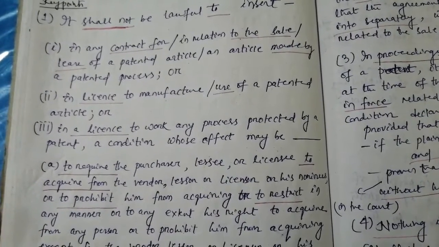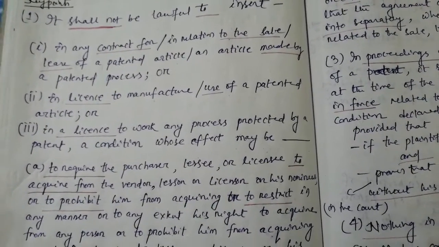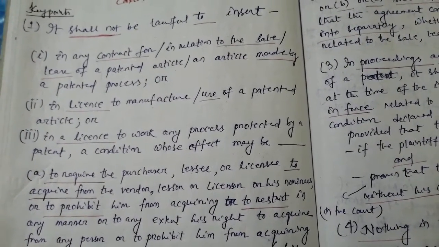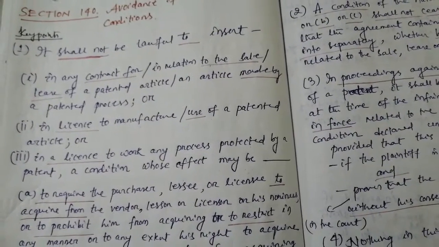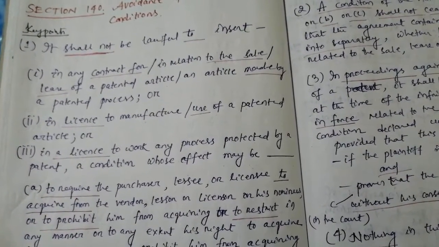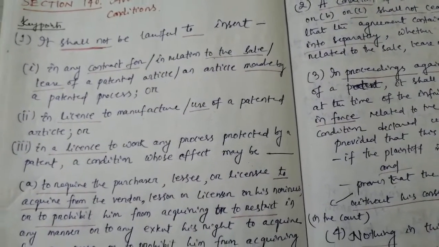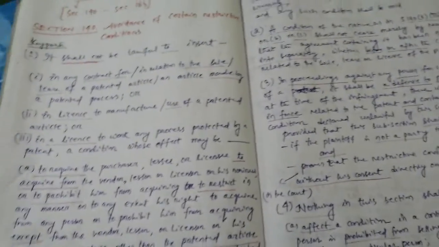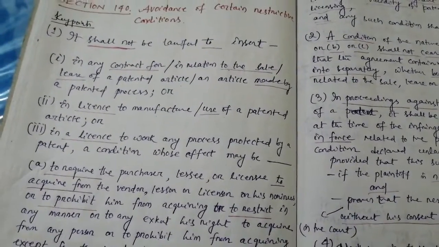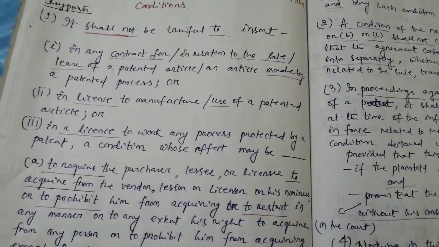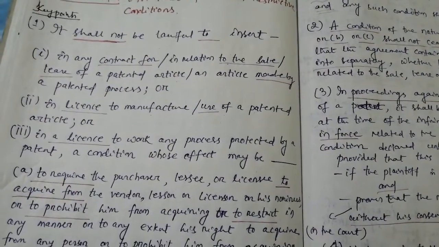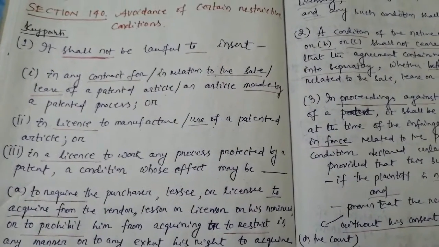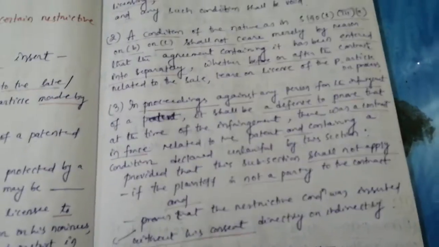But here within these subclauses A, B, C, D are written. Normally, inside the subsections some clauses are there, and inside the clauses some subclauses are there. But it is okay. It's not a wrong thing to write like this. We can call it subclause, clause, anything. Not a problem.